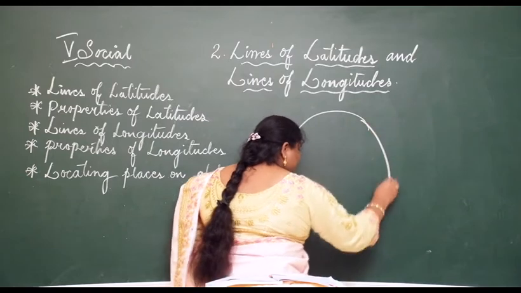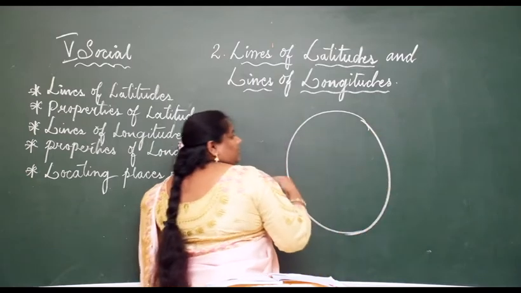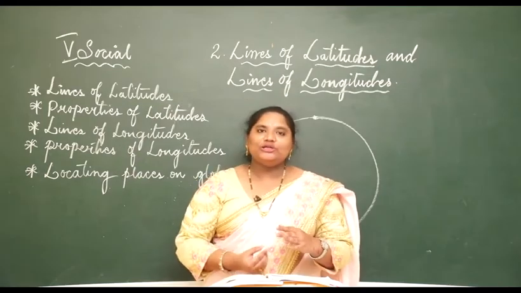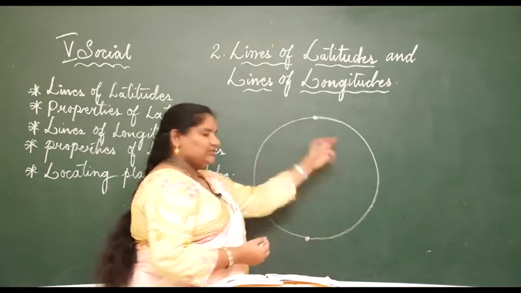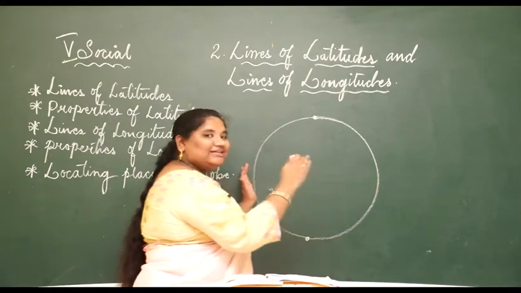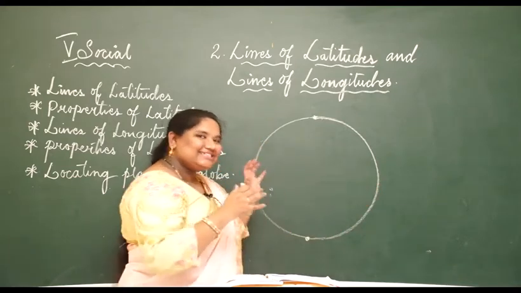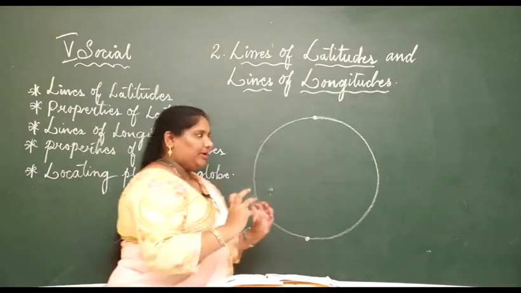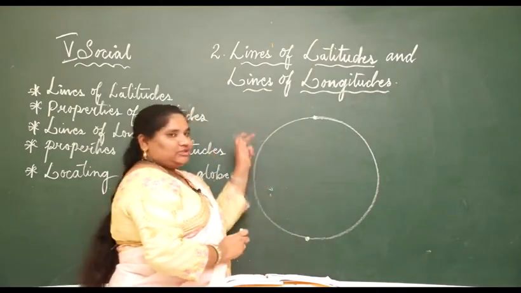The earth, which is round in shape, or the model of the earth, which is called a globe. As we all know, earth is shaped like a sphere which is bulging on either side, not perfectly round in shape. You can't see it correctly. It is bulging on either side. That is why it is called a sphere. Now what are latitudes?